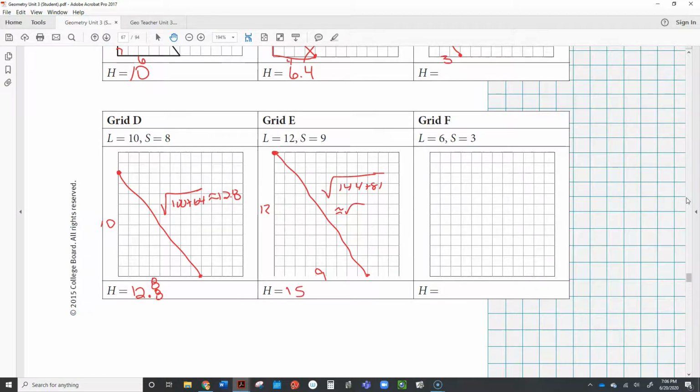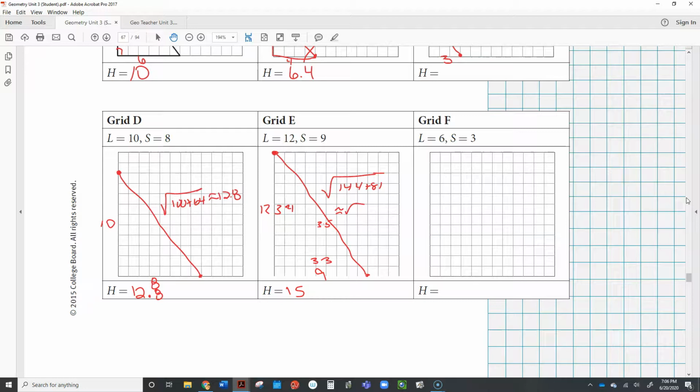Now, I didn't recognize it because it was a 12 and a 9, but if you look back now, this is 3 times 3, this is 3 times 4, this is 3 times 5. It's a multiple of the 3, 4, 5 triangle.